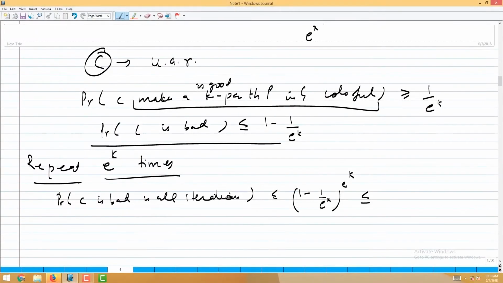What is this expression? So basically there is this thing. If you look at this e power x term for any x, there is this exponential series, right? For e power x, you can write this as 1 plus x plus something, something, something.